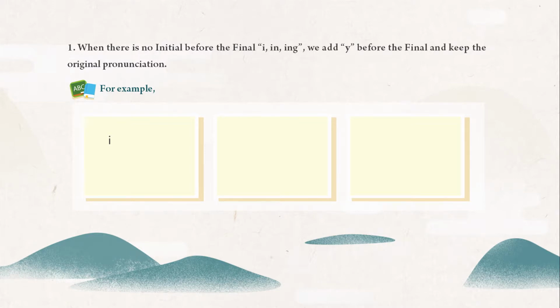We got the pinyin written as yi and still pronounced yi, such as word yi. When final ing is a syllable by itself, which means there's no initial before, we directly put letter y before it.